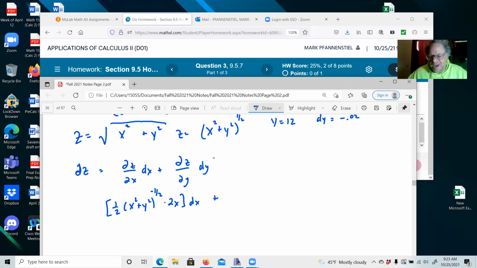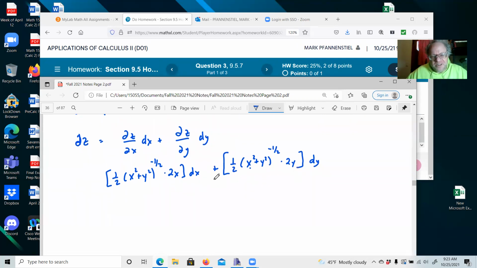Plus, same thing with y. Take the derivative of the square root function, it's 1/2 times the stuff inside to the negative 1/2, times what's the chain? The x part is 0, but the y part is 2y, okay? And then we have our dy. That's what we're doing here.